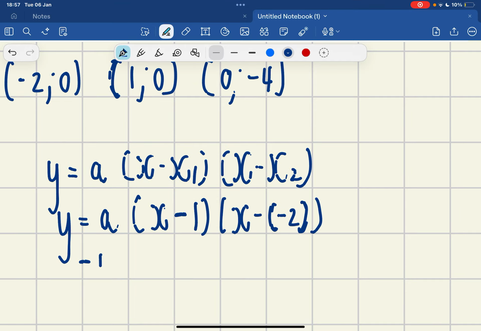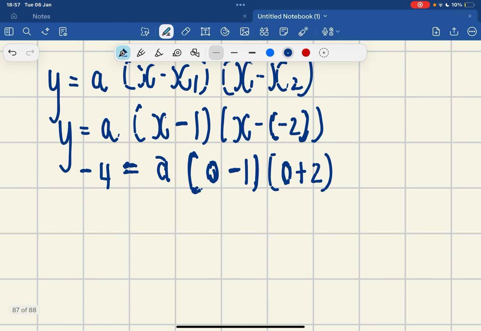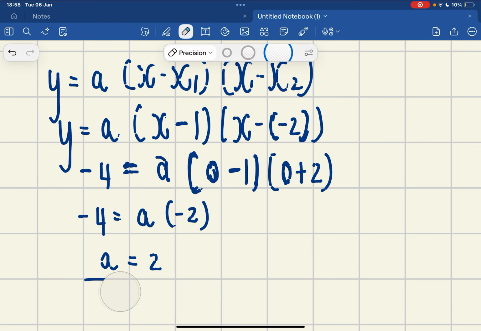So -4 is equal to a times 0 minus 1, 0 plus 2 in this case. And we said that from there on, -4 is equal to a times -2, and therefore a is equal to 2. That's how we easily solve such a question.